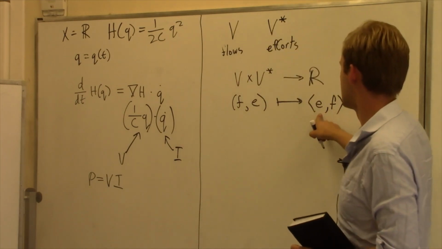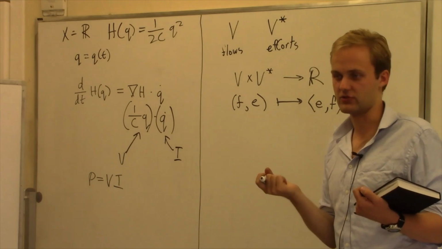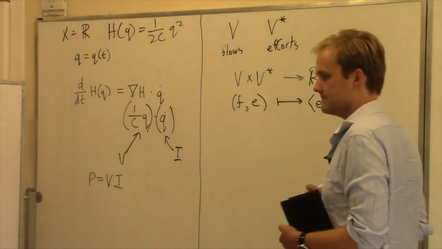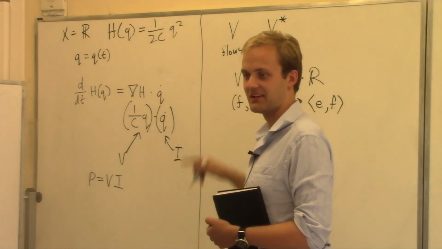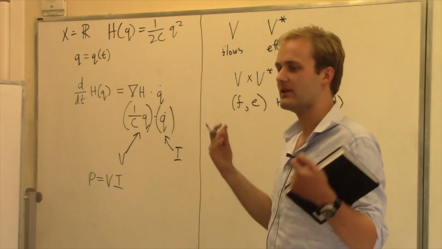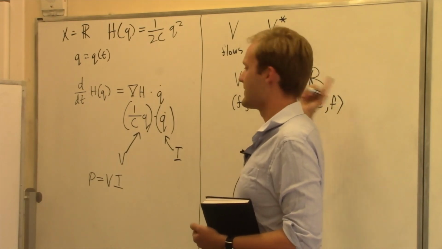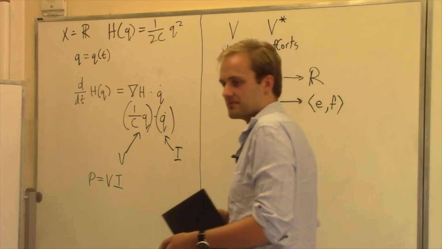This is just the natural pairing between a vector space and its dual. Is that a tensor? This is just the Cartesian product. Which is a function? It's just a function, yeah. If you make this a tensor, then this is a linear function. But yeah, it's just a function.